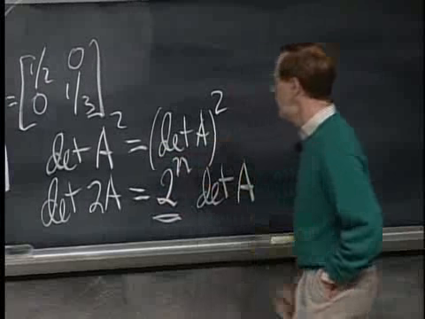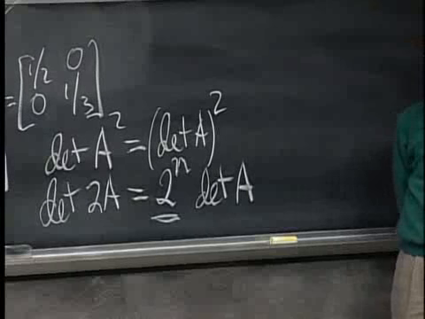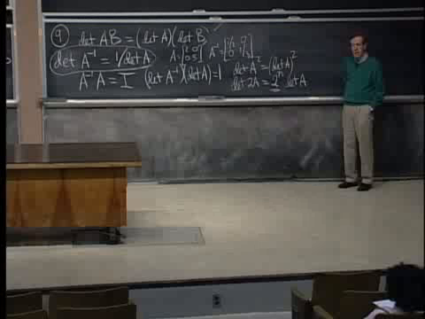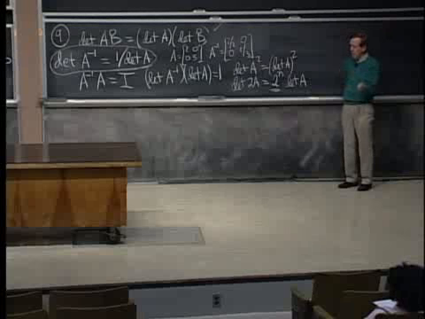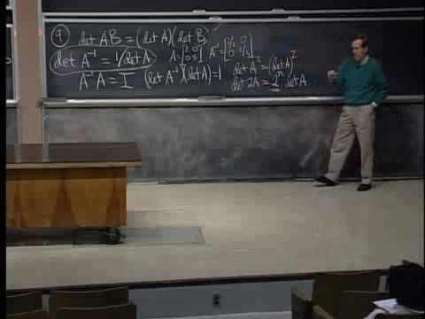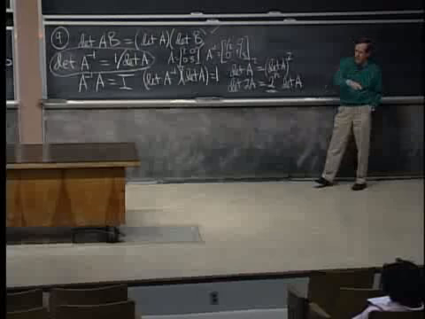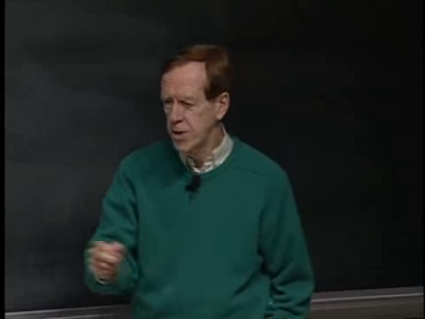Now, why is it 2 to the nth and not just 2? Because I'm factoring out 2 from every row. This has a factor 2 in every row. So I can factor 2 out of the first row, a different 2 out of the second row, a different 2 out of the nth row.